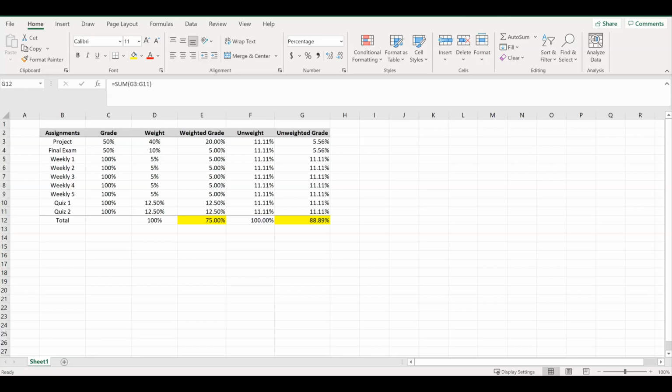All right, so one final thing that I'd like to point out. So now we understand really the math or the computation behind the weighted grade and how it differs from an unweighted average, right? So a weighted average versus an unweighted average.